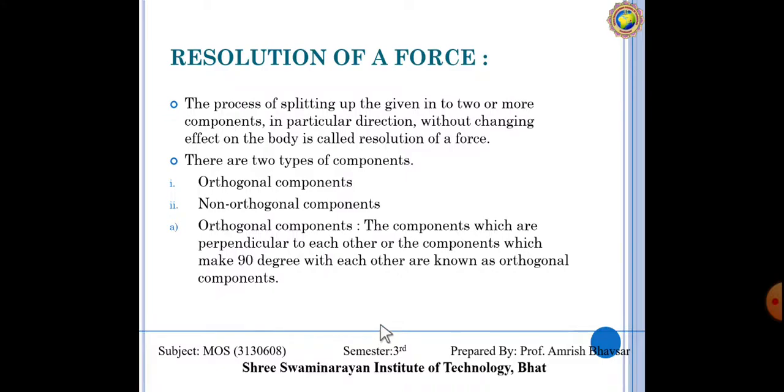So we know the main directions, x and y. The force may be moving in any direction, but we take into consideration the effect of that force on the x and y axes, and that is called orthogonal resolution.